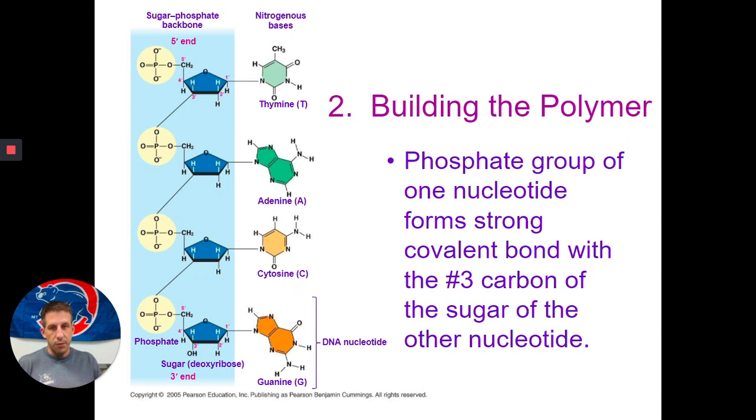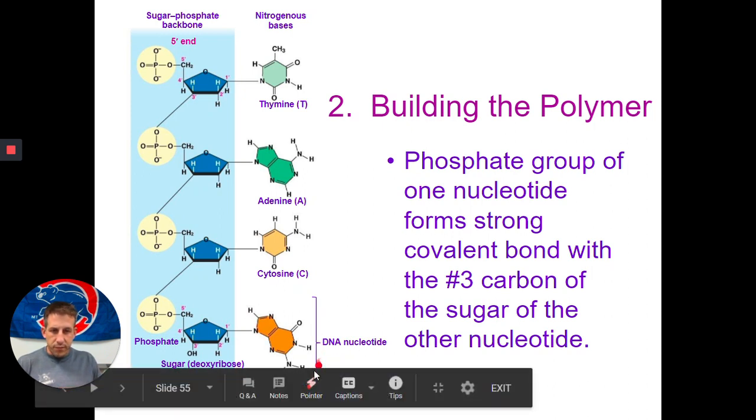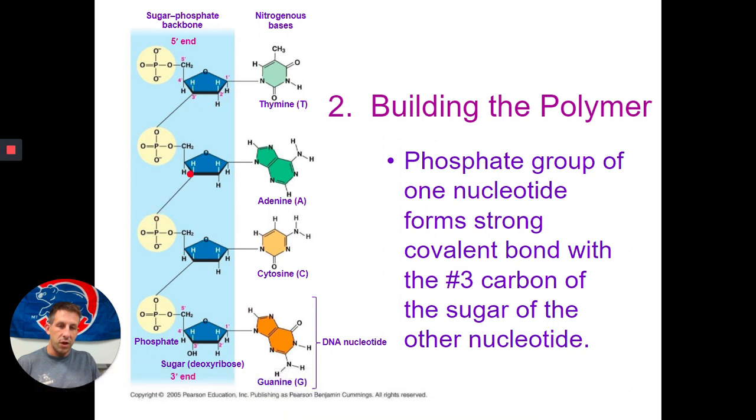So if my pointer here is another nucleotide that comes flying in, it's going to make a bond with this right here, as we see has been done right here. There's a bond between this phosphate group and that 3' carbon. And so what we have at the bottom here is another exposed 3' end, and then another one when we add another nucleotide, and then another one, and so on and so forth.